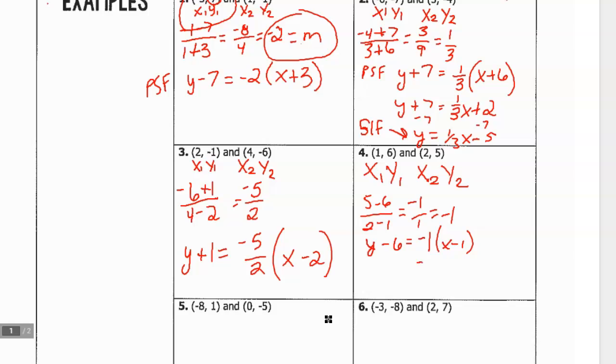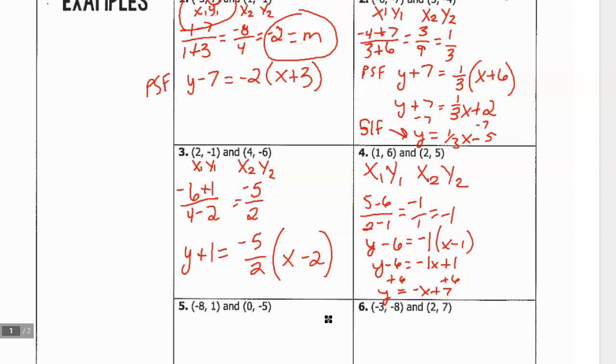So these just flip, it becomes -1x, or you could write -x, that becomes a positive 1. This drops down at 6. You get y equals -x plus 7.